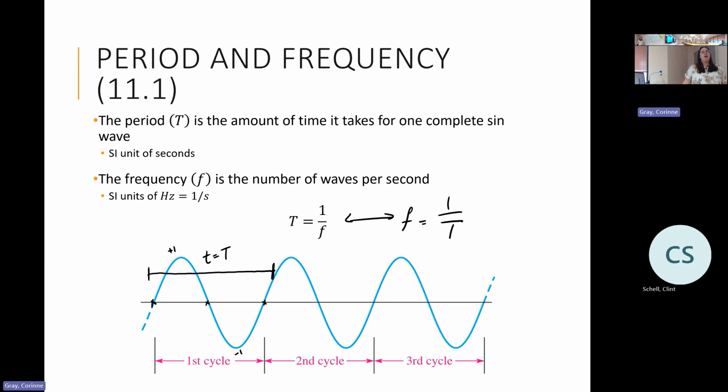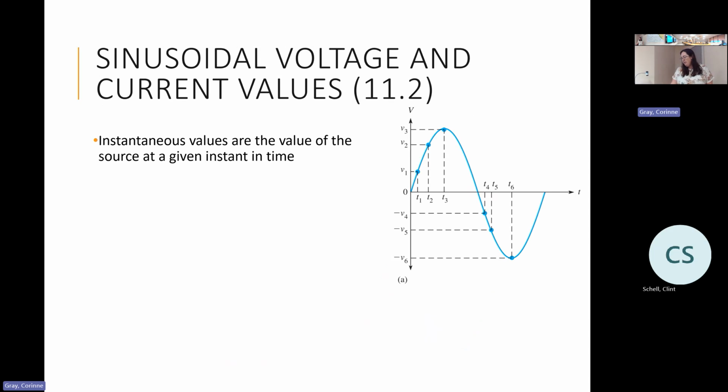So this is going to give rise to a couple more terminology values. Again, this is the same sine wave. First we have the instantaneous value. This is the current or the voltage for my source at this exact instant in time.